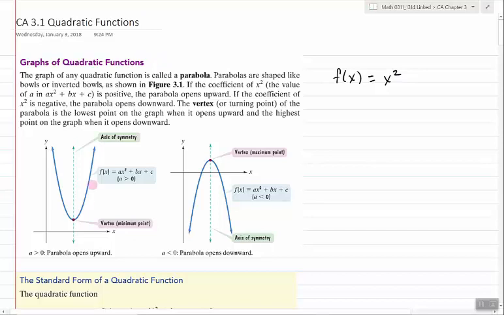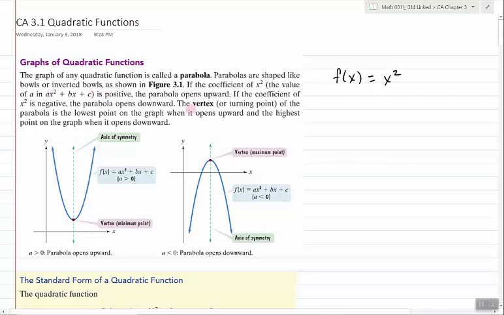You know the basic shape, and this is called a parabola, and they describe it as being shaped like a bowl or an inverted bowl, and I sort of call it a U. The coefficient of the x squared term, the value of a in this format, if it is positive, then the parabola opens upward.